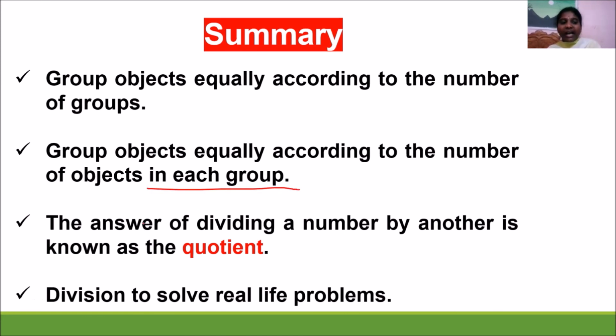Next, we learned that the answer of dividing a number by another is known as the quotient. And also we learned how to use division to solve real life problems. Here the division is equal sharing.